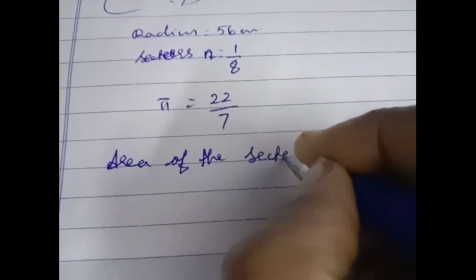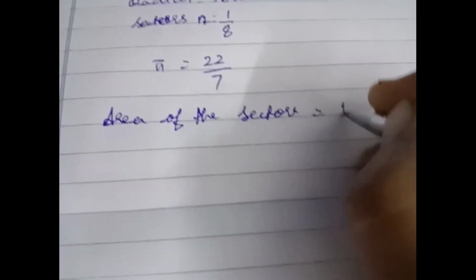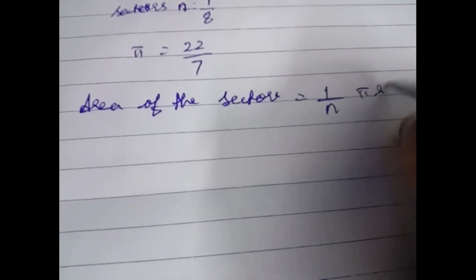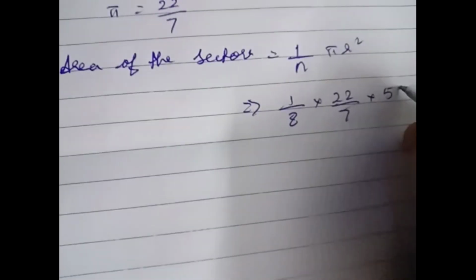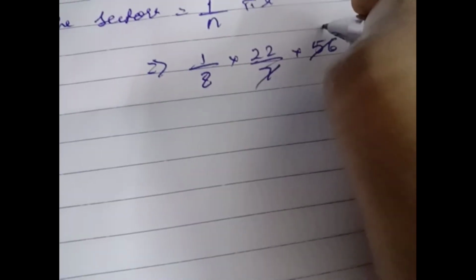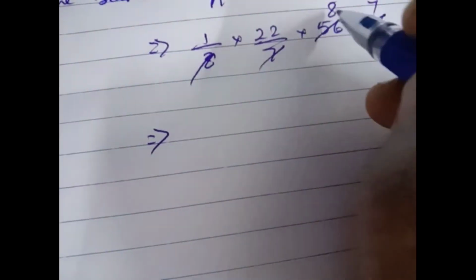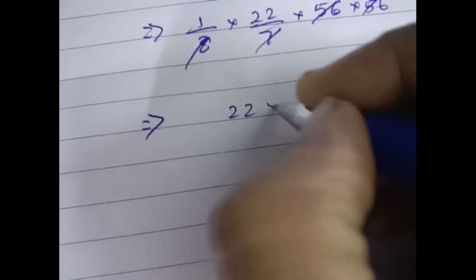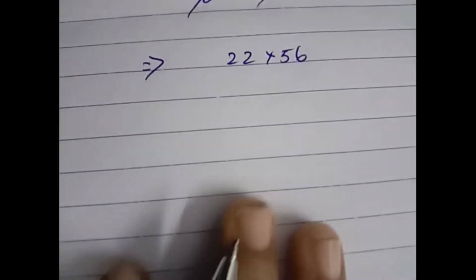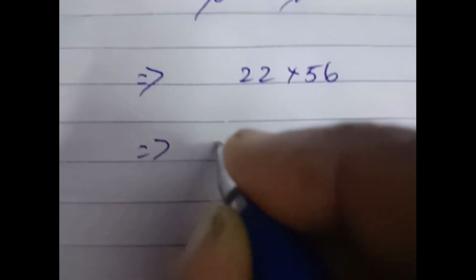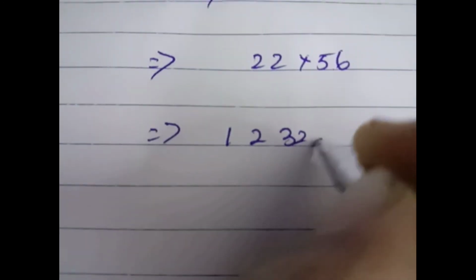Therefore, area of the sector is equal to 1 by n pi r square, 1 by 8 into 22/7 into 56 into 56. 7 8s are 56, in 8 table 7 times. Then 7 8s are 56 into 22, which is equal to 1232 centimeter square.